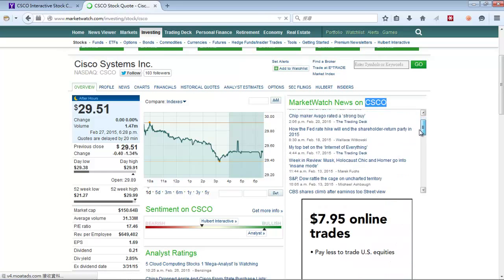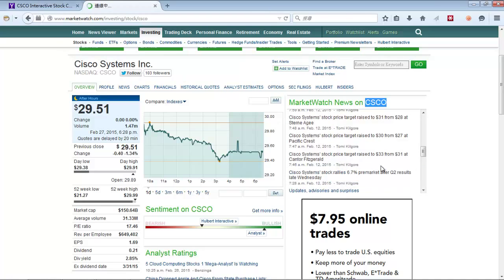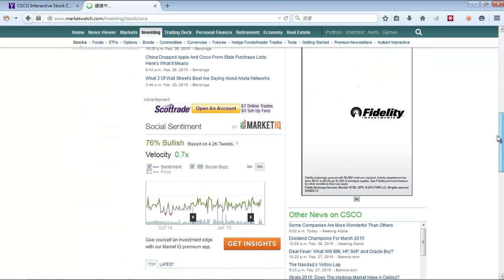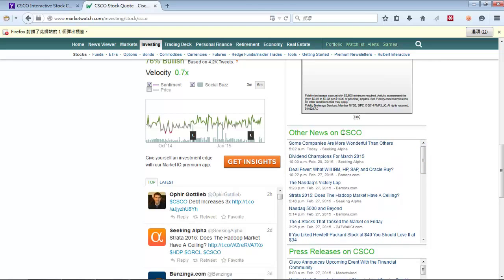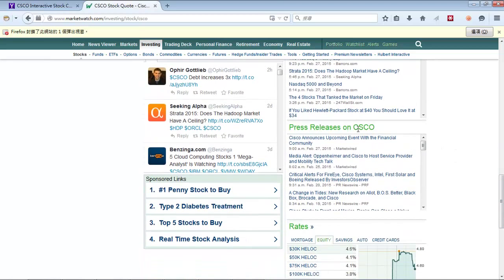And you might find the reason for that gap. Actually, it should be a few days back. I'm not going to dig through; you can do that yourself if you're interested. Then there's other news that's typically related to the industry that the stock you're looking at is in. Finally, you've got press releases that usually come directly from the company itself.